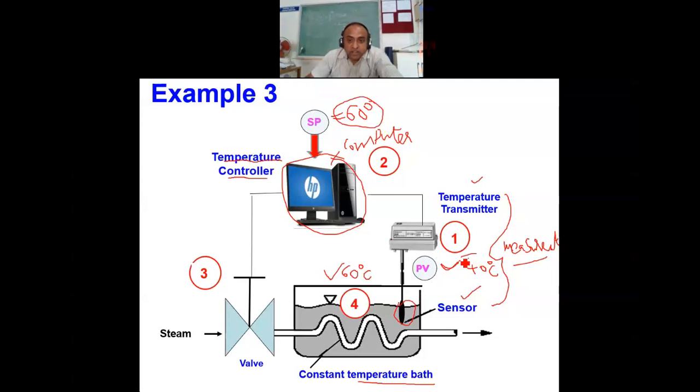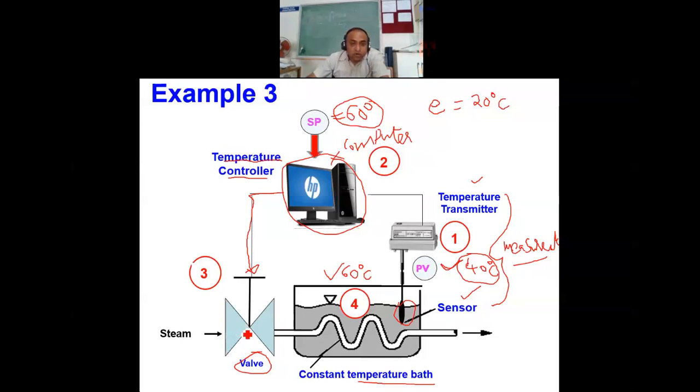Once you measure, it was 40. So finally, it generates the error, which I'll call E. What is the error? The error is 40 degrees centigrade. Based on the error, the computer sends the signal to the valve.